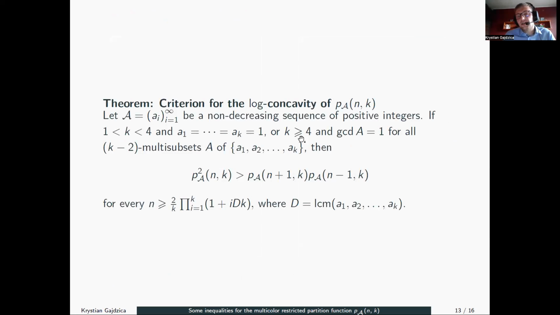And on the other hand, if k is greater or equal than 4, then we need to assume that the greatest common divisor of A, where R is any k minus 2 multisubset of the following multiset, then we obtain the log concavity of the sequence for all n greater or equal than the following number.